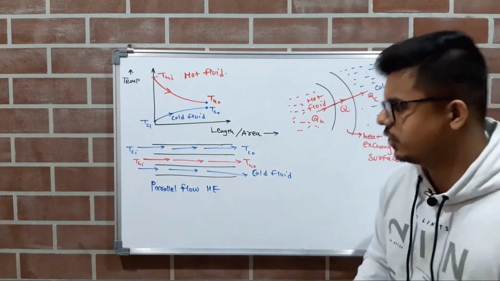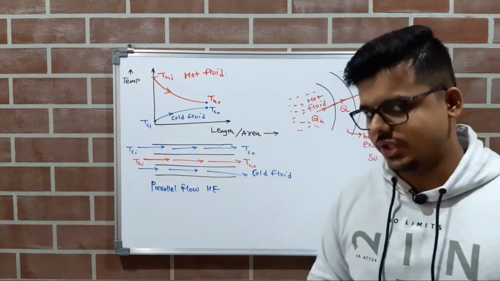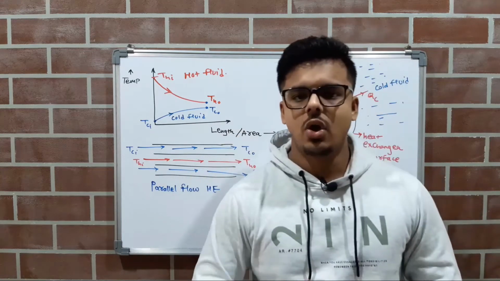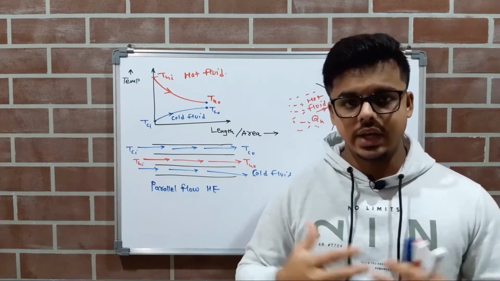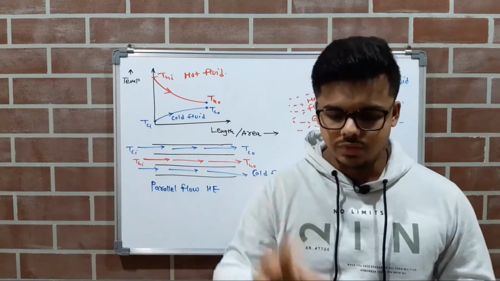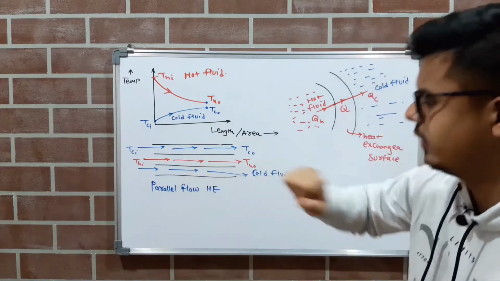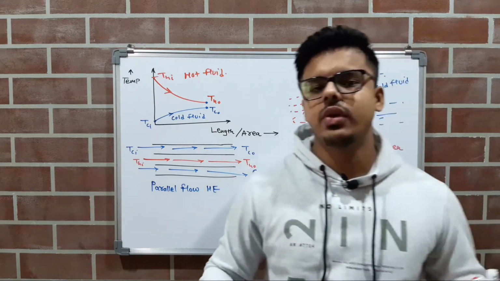First, we will assume there is no loss in our heat exchanger. That is, there is no energy interaction with the surroundings. All the energy which is transferred or gained happens in the system only. So this is our parallel flow heat exchanger, as you can see, and we assume there is no loss of energy.